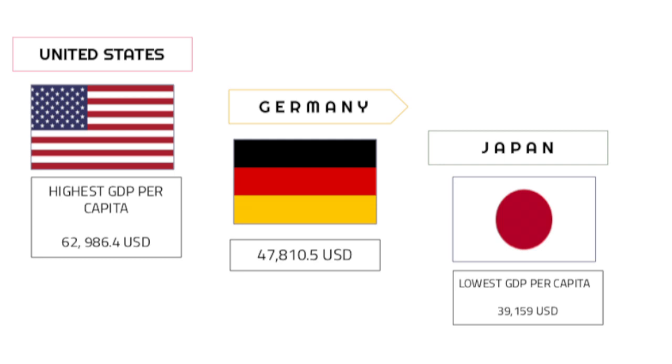Followed by Germany, with a GDP per capita of $47,810.51 and a population of 82.79 million people. Japan has the lowest GDP per capita among the three countries, which is $39,159 with a population of 126.5 million people.